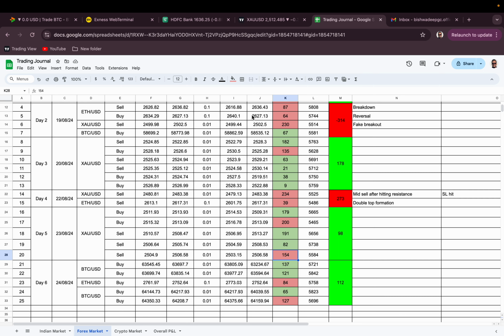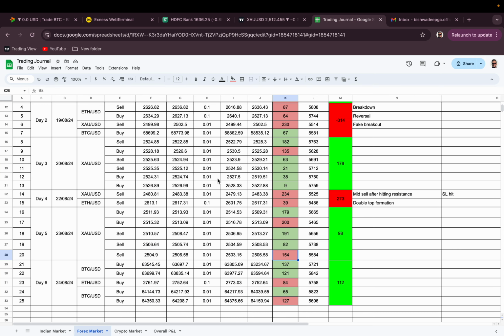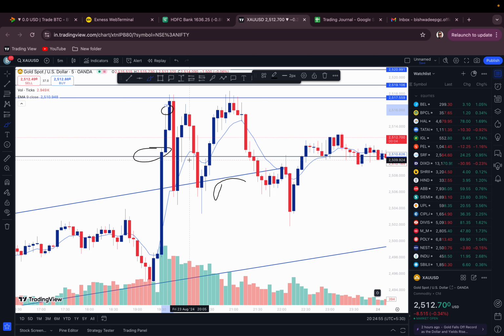And again, when the market got reversed from this resistance line, I took the trade at 2510. Yes, that's where I took the trade.